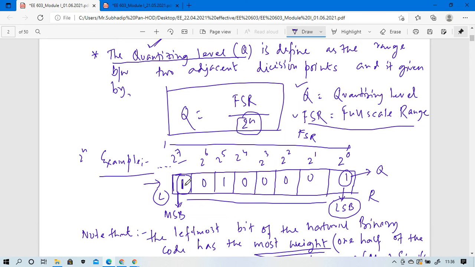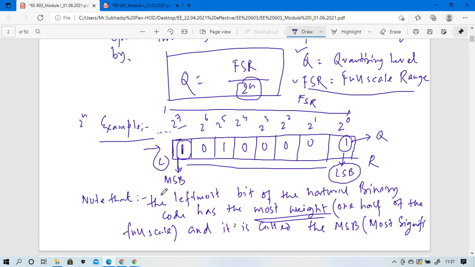So if a particular signal has an MSB and an LSB, what will be the amplitude level for that particular code? Your quantization level will be defined as the full scale range of a particular code divided by the amplitude level for that system.